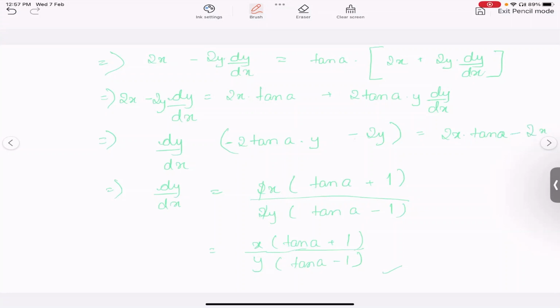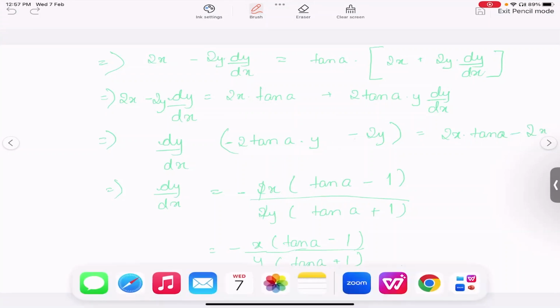So the x term will have minus here. This will become plus minus here. So this will be the answer. And we have to change it here also. Minus plus. So this is the answer. So we'll end this session here.